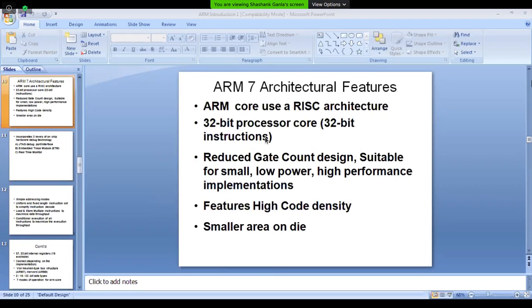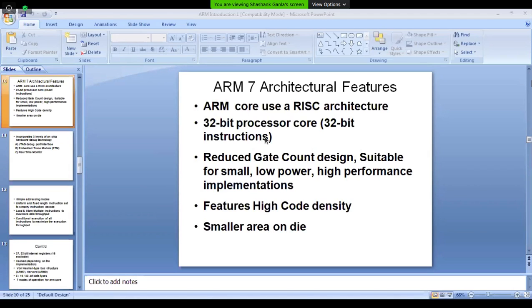That means the number of logic gates put together to design the ARM architecture is very much less as compared to other CPU architectures of the same processing capacity. If I take a 32-bit ARM CPU and some other 32-bit CPU, maybe a RISC or a CISC architecture, ARM takes very few logic gates.